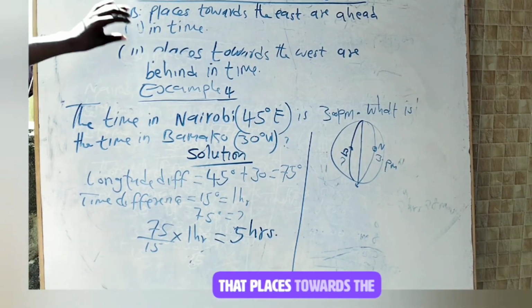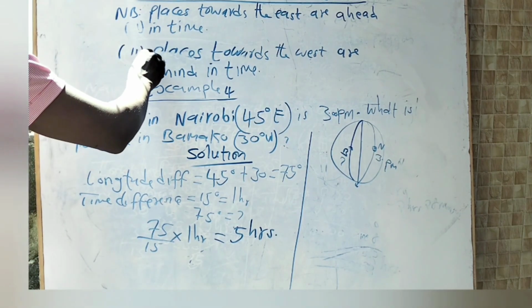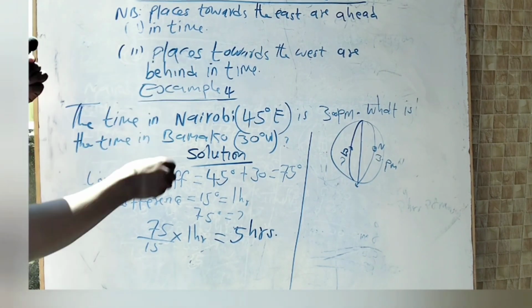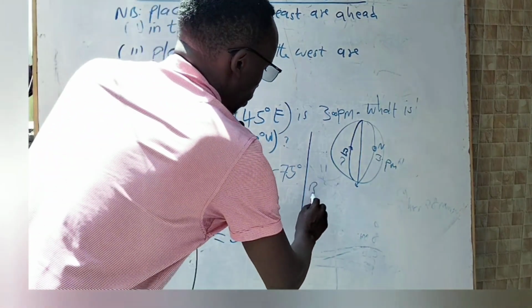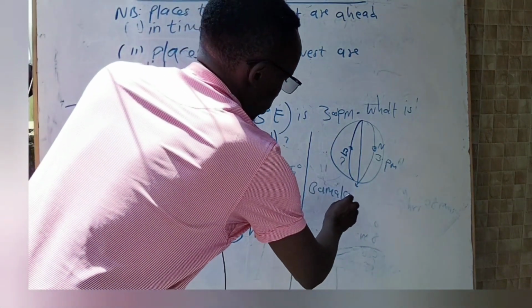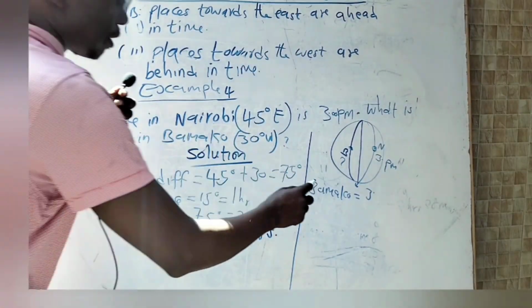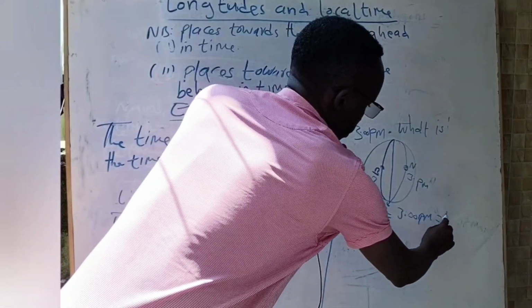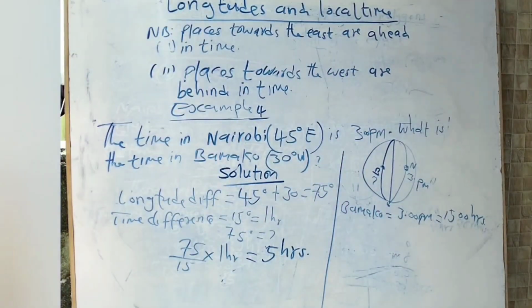Now we say that places towards the west are behind in time. Since the places towards the west are behind in time, we have to subtract the time difference from the time in Nairobi. So time in Bamako will be 3 p.m., which is the same as 15 hours.